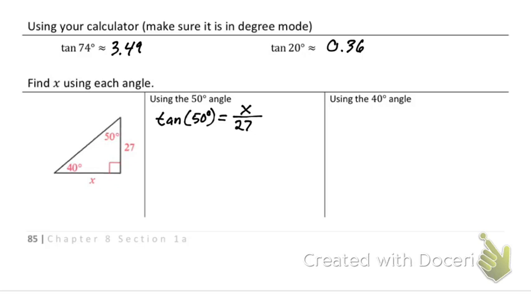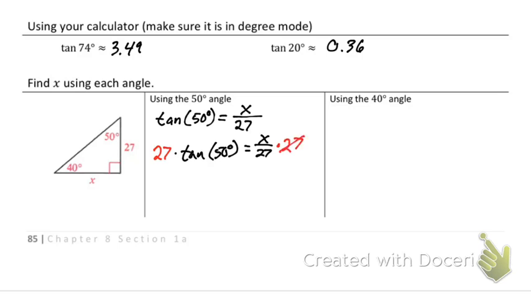We now have an equation where I need to get x by itself before I plug it in the calculator. So what we're going to do first is multiply both sides by 27. So we'll have 27 times tangent of 50 degrees equals x over 27 times 27.